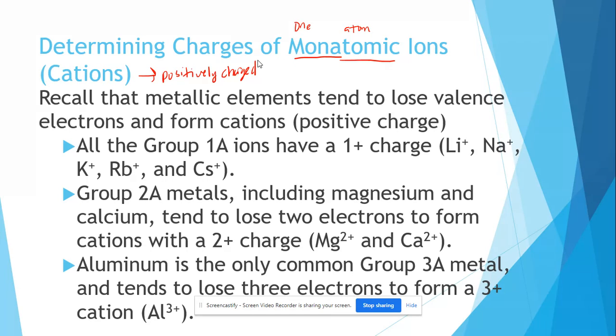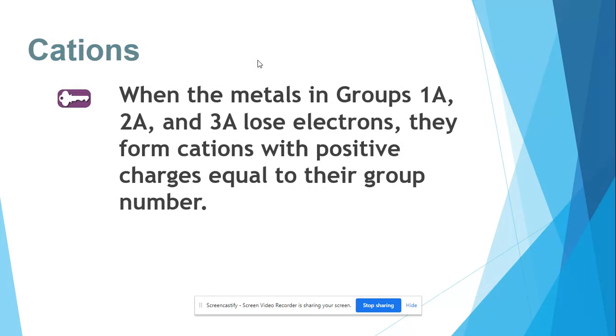In that lesson, we learned that all the group 1A ions have a 1 plus charge. Everything in group 2A has a 2 plus charge, such as magnesium and calcium. And aluminum has a 3 plus charge because it's losing 3 electrons.